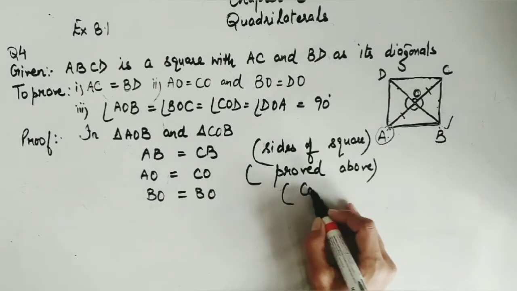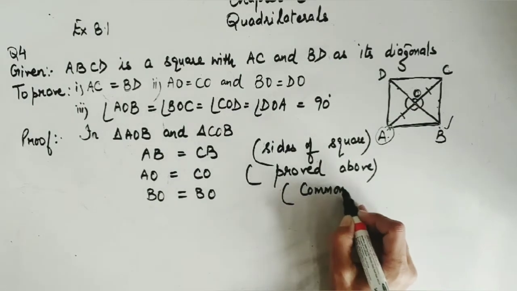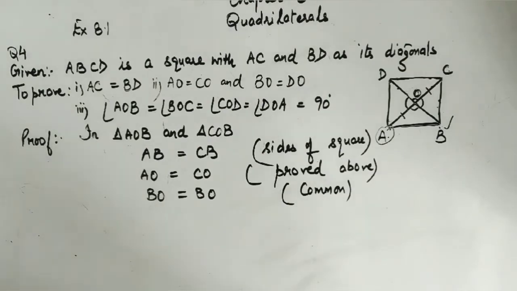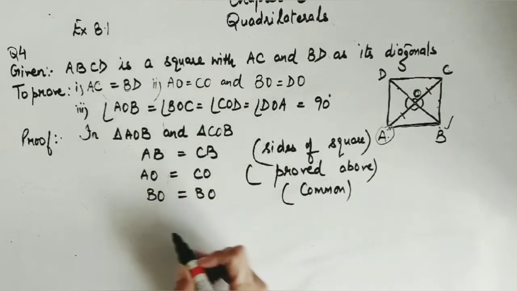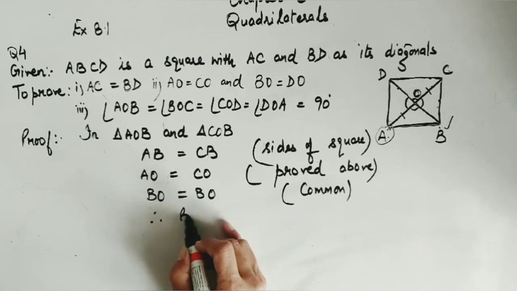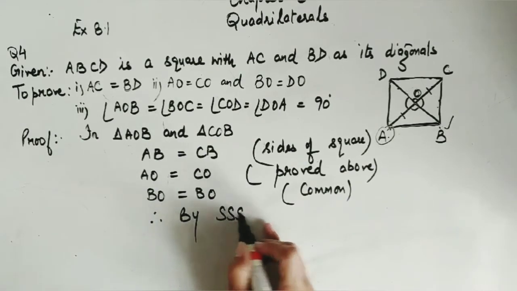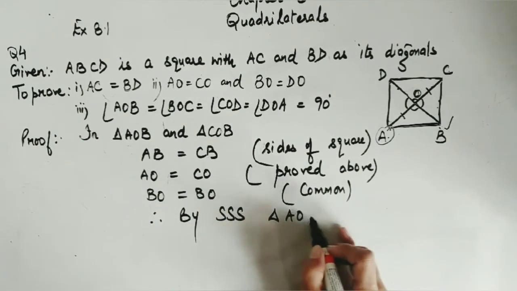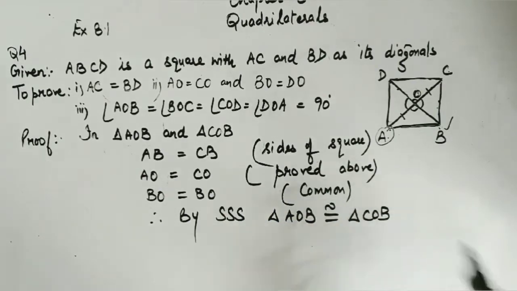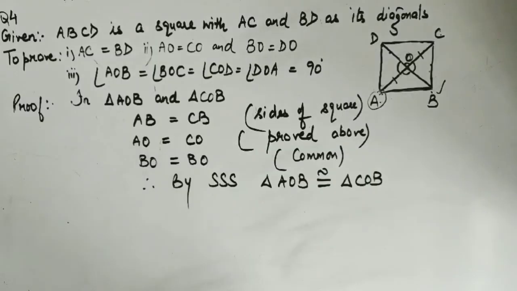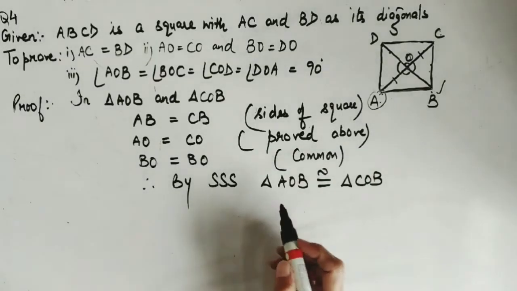So this side is common, and according to the matching parts, the rule is SSS, by triple S triangle AOB is congruent to triangle COB. So triangles are congruent by SSS rule.